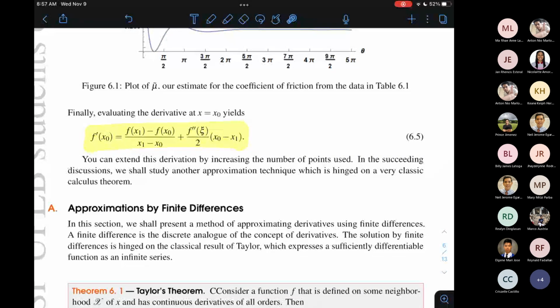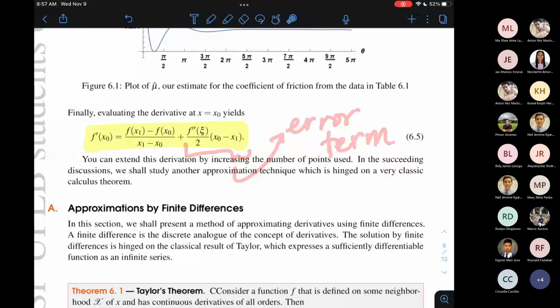All right? Hindi lang yun. Meron pa tayong estimate para dun sa error. Because if you want to compute the derivative, ito yung gagamitin mong estimate. Kasi ito yung derivative ng interpolating polynomial evaluated at x sub 0. This guy will be your error term in the differentiation process.